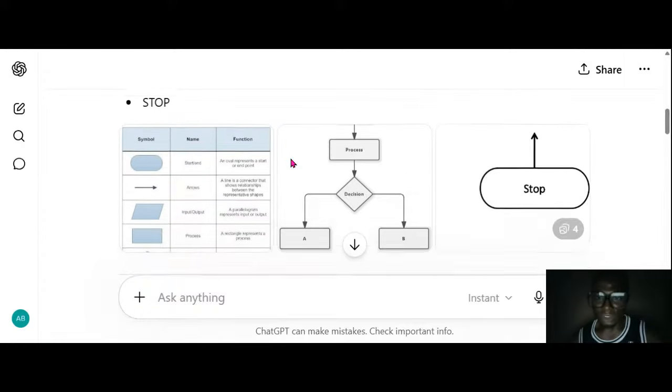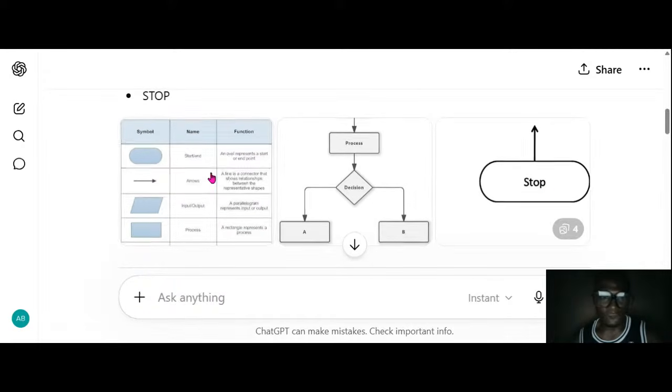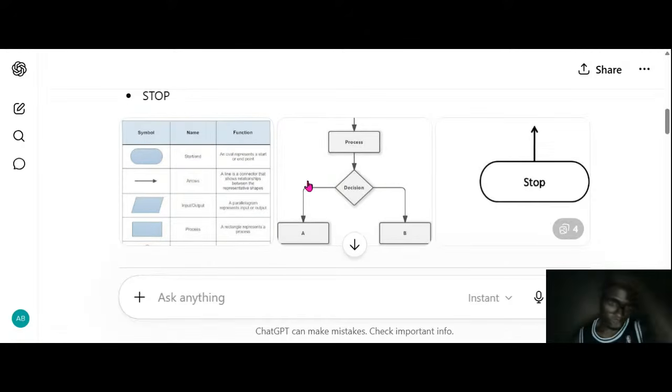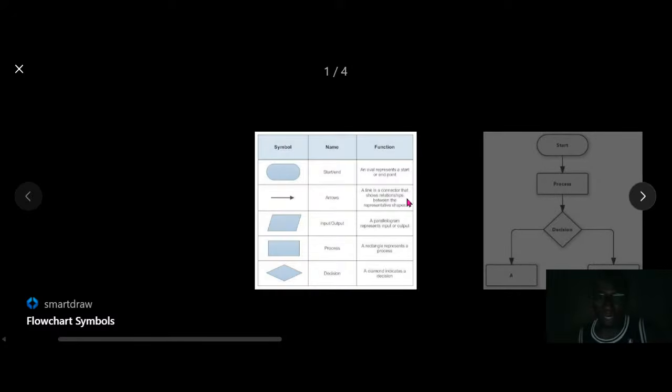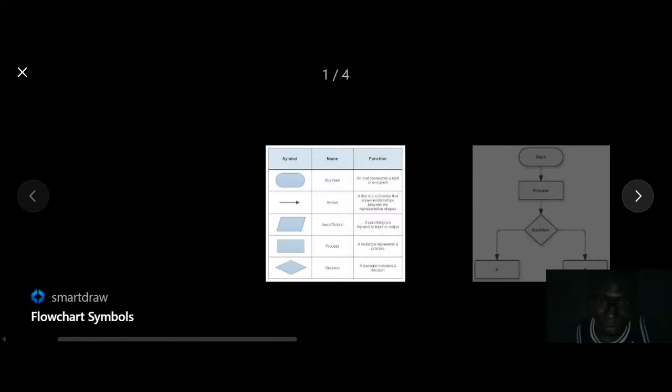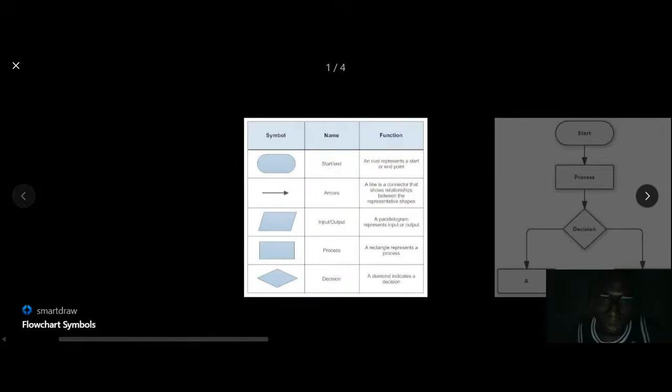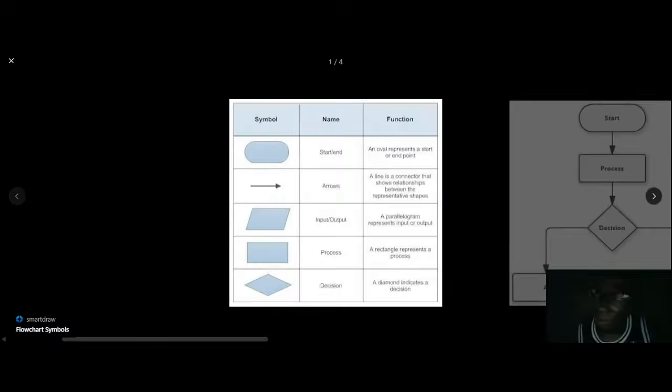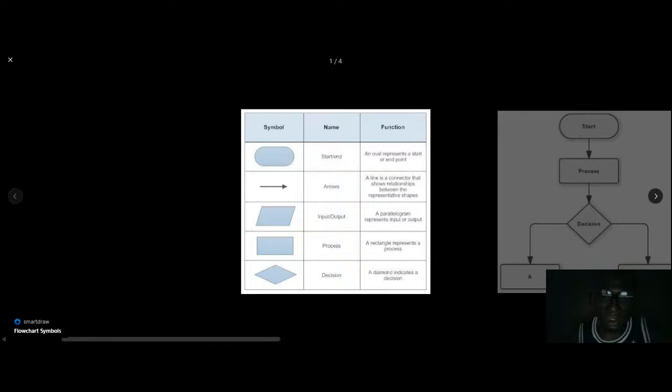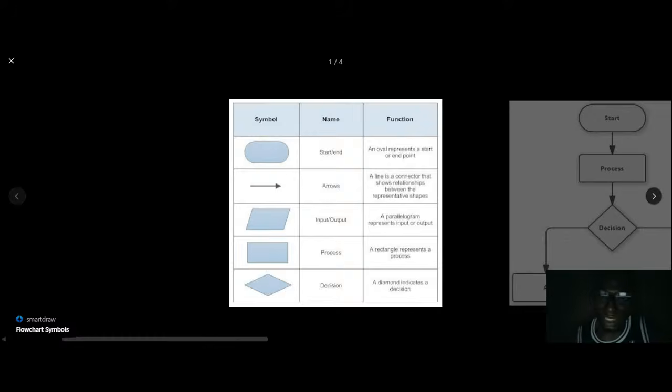Okay, let me show us now. Let's view this first image. Oh, I hope this image will come up bigger than this. Oh, no. I'm trying to bring it bigger, or probably we should download it and share the screen. That is still very small. Okay, you know what I will do?